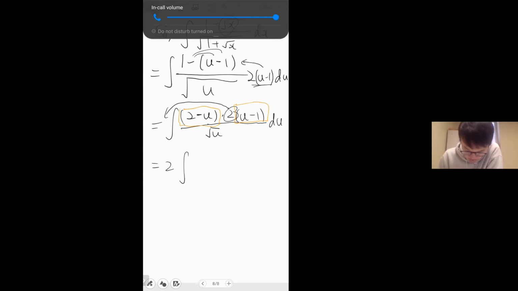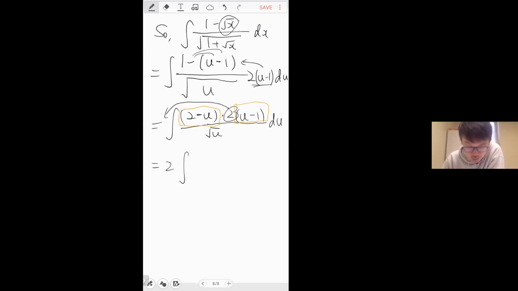Okay. So 2 minus u times u minus 1. I'm going to multiply the two orange together, 2 minus u and u minus 1. What do I get? So, wait, did I do something wrong? No. Okay, so just multiply everything. So you get 2 times u minus u squared, and then minus 2 plus u.